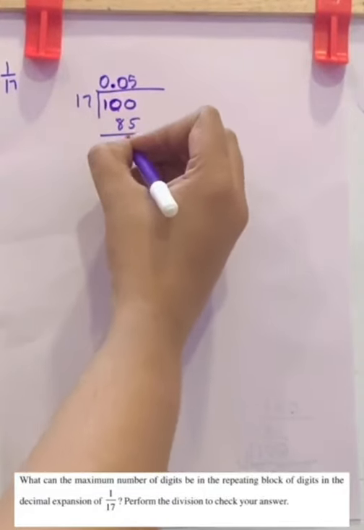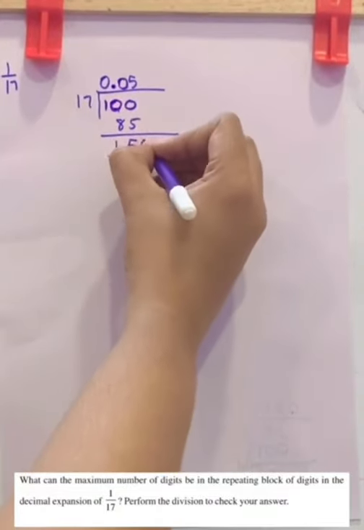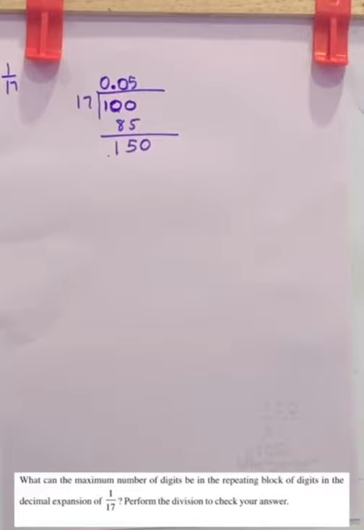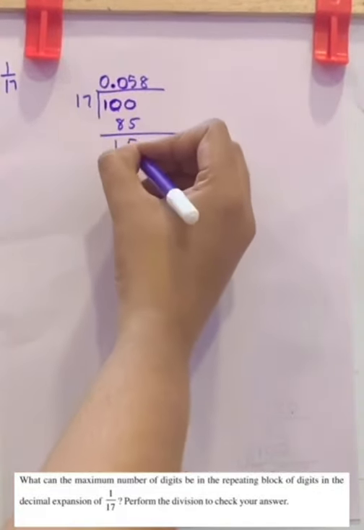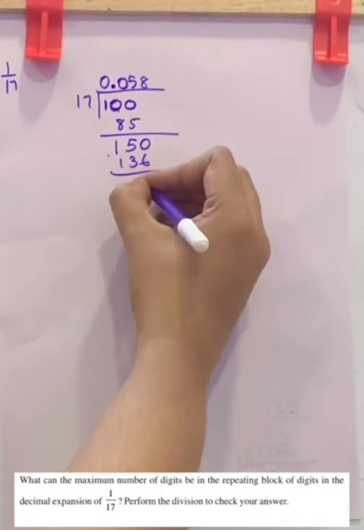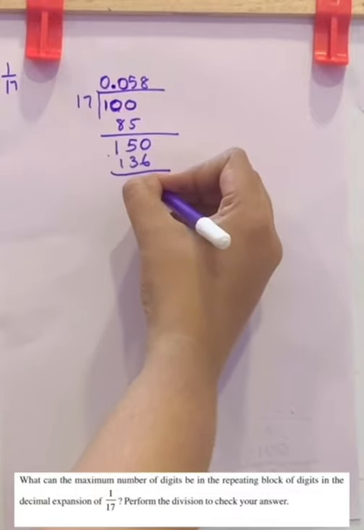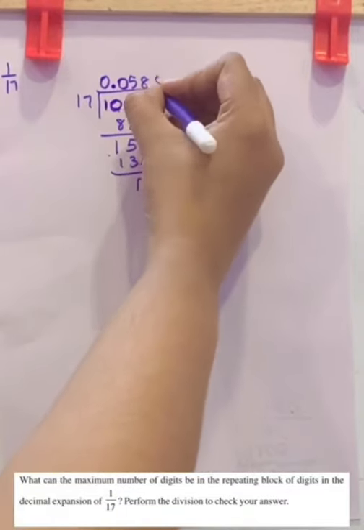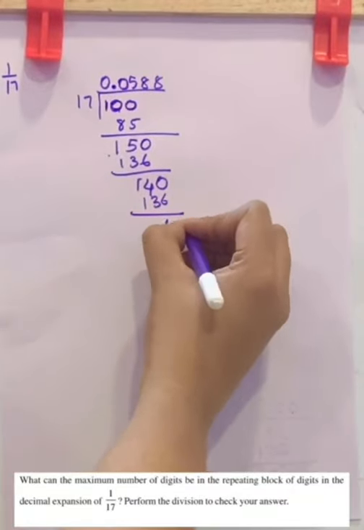Subtracting you will get 15. Make it 150. In 150, 8 times, the result is 136. Balance 14. Now make it 140. In 140 again 8 times, that is 136. Balance is 4. Make it 40.